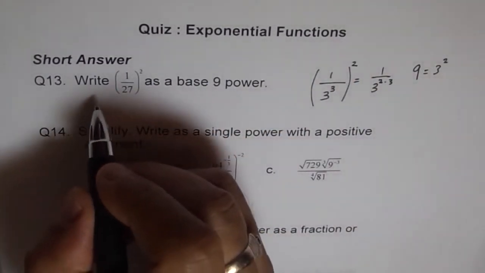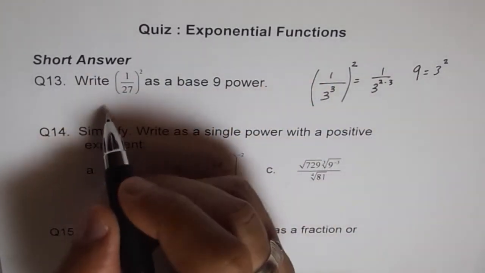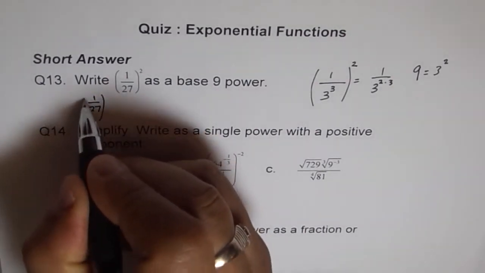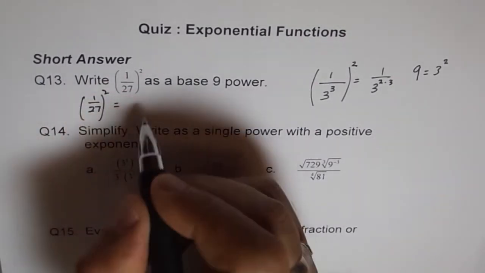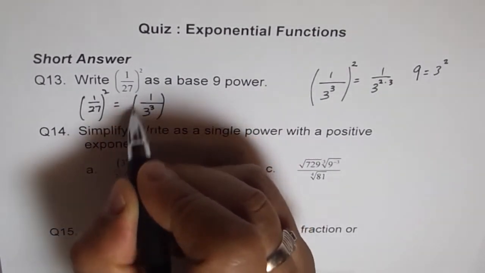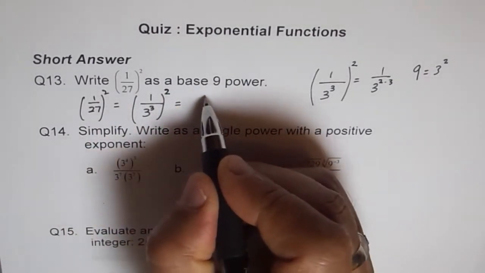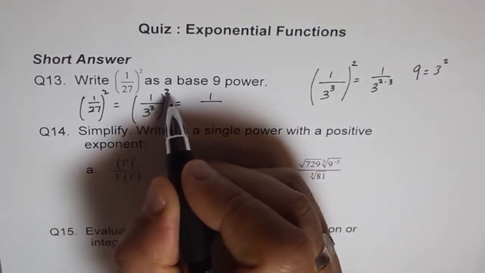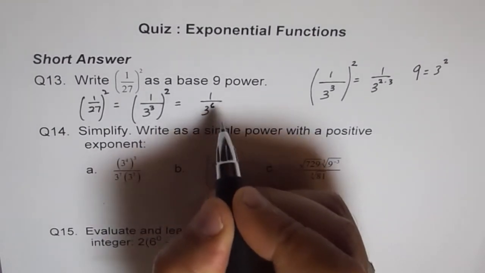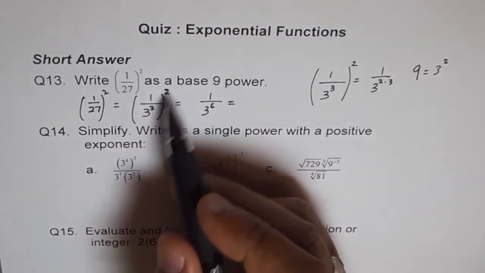So let me show you what I'm trying to do here. We can write 1 over 27 whole square as equal to 1 over 3 cube, whole square, and this we can write as 1 over 3 to the power of 2 times 3, 6, because they get multiplied, right?